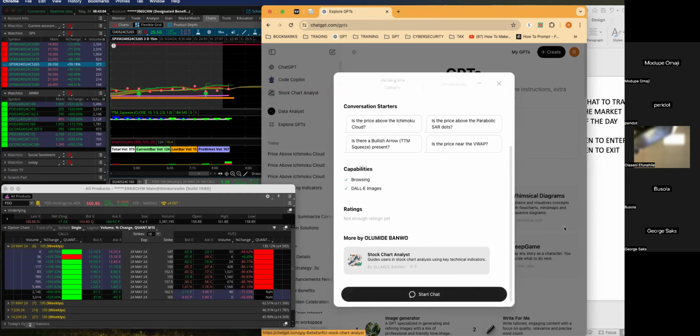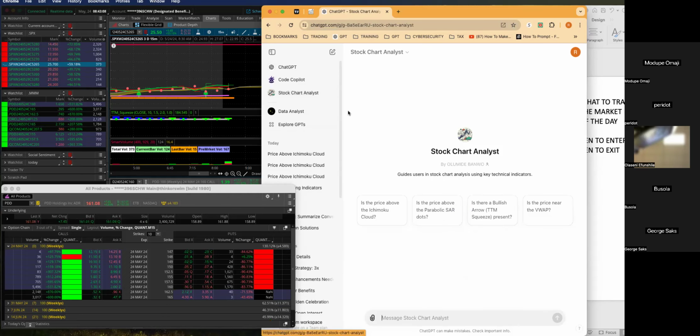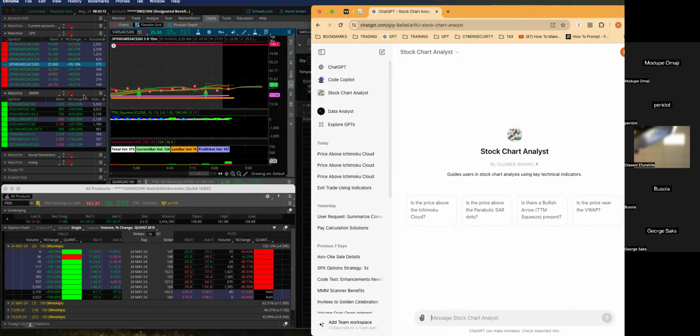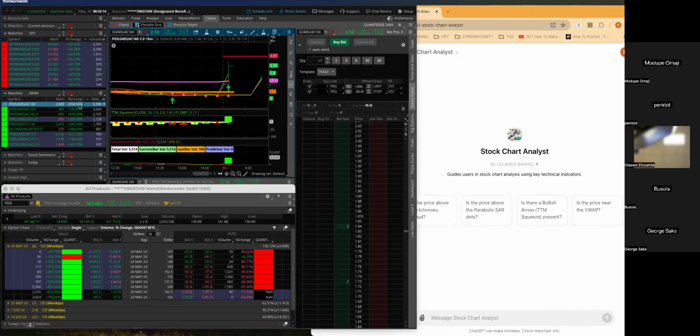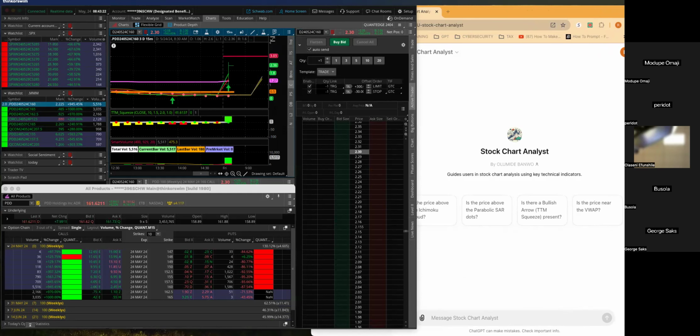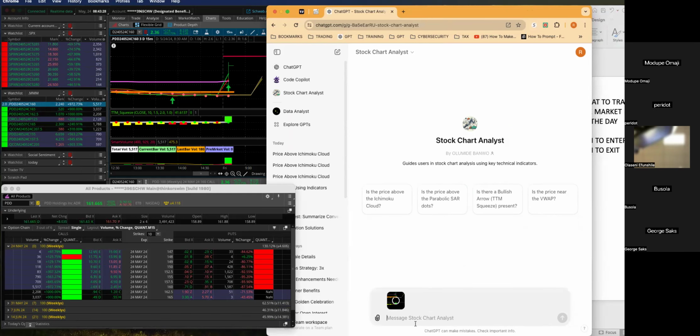And I think it can also do images too. So I have it here. Let's try to take a screenshot of this and ask it to analyze it. I will drop it here.